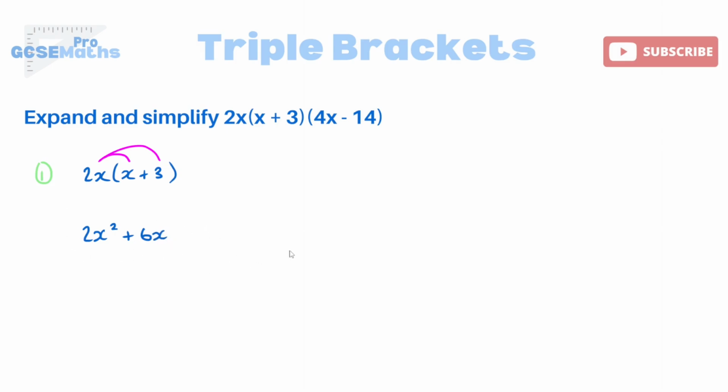And then you can take this and put it in a bracket, so 2x squared plus 6x, and multiply that by whichever bracket you're missing, which is in this case the 4x minus 14. And that's just double brackets then, isn't it? So step 1 again. 2x squared, just remember that you are now working with kind of an extra layer of x's though, but it is just 4 terms multiplied, isn't it? So 2x squared times 4x would still give us a cubic.